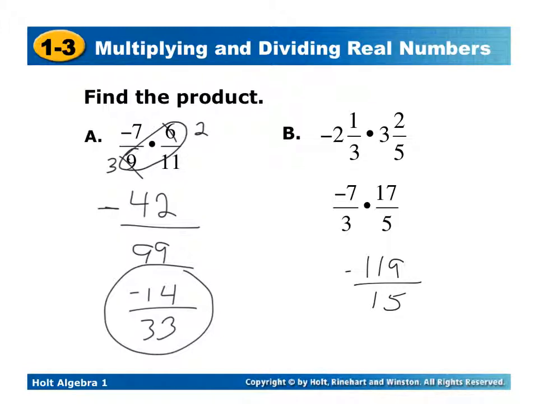So we have negative 119 over 15, or we can change it back into a mixed number by taking 119 divided by 15, in which case you get 7 and 14 over 15, and because we had a negative, this would be a negative 7 and 14/15.